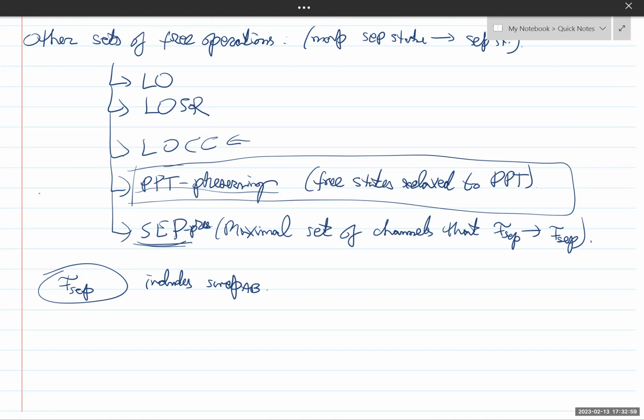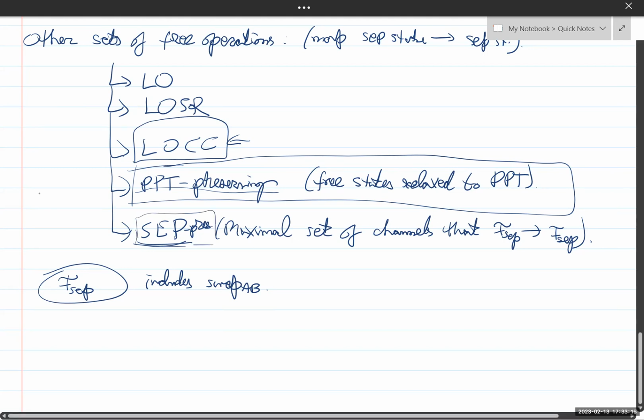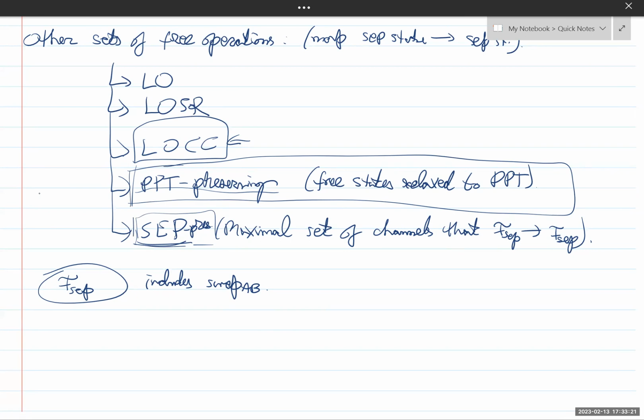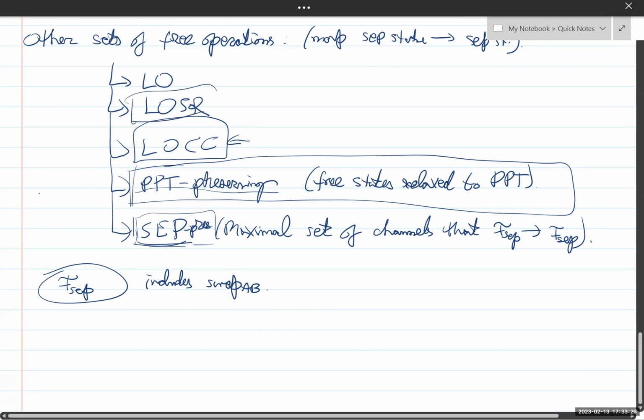So in that sense, it's operationally clearly much more powerful than LOCC. Nevertheless, it preserves the set of free states, and it's easier to get results about this. And so people use things like PPT preserving, separability preserving, LOSR to get upper and lower bounds on things related to LOCC.